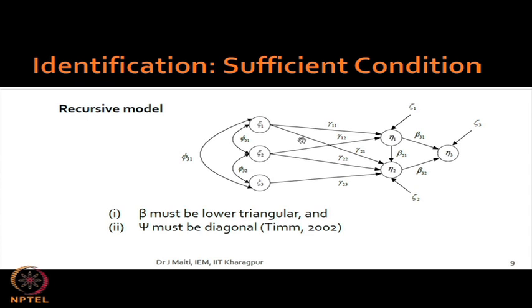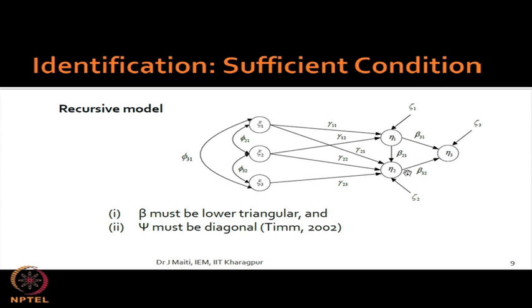When you start and you will not come back to that particular point, no loop is forming. If I were able to go from here to here, and again back, then a bidirectional relation or some loop would be formed. So, in a recursive model this will be the structure.